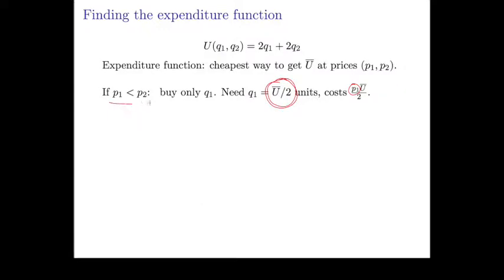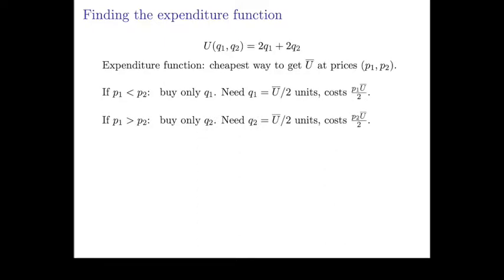So whenever p1 is less than p2, you're going to buy only q1. And how many units do you need to buy? You need to buy u bar over 2. That costs p1 times u bar over 2. So the cost of getting utility u bar is just p1 u bar over 2. On the other hand, if p1 is bigger than p2, you buy only good 2.